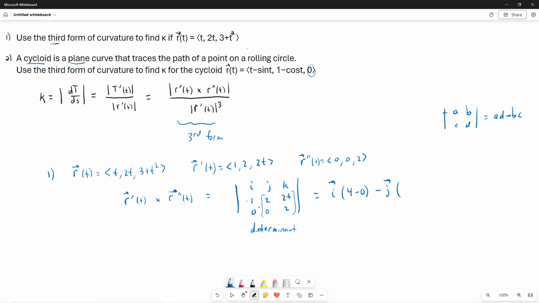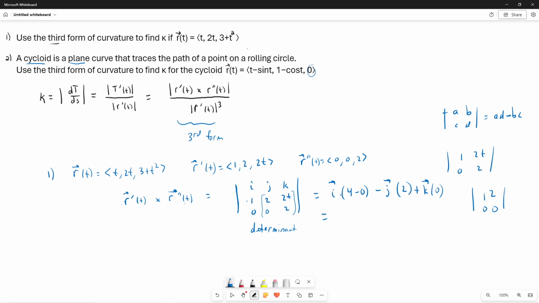So j times the determinant of the matrix 1, 2t, 0, 2. We remove the j column and the ijk row, and we're left with 1, 2t, 0, 2. And the determinant of this is 2 minus 0, which is 2. And then we have plus k times the determinant of 1, 2, 0, 0, and that is 0. 1 times 0 minus 2 times 0 is 0.